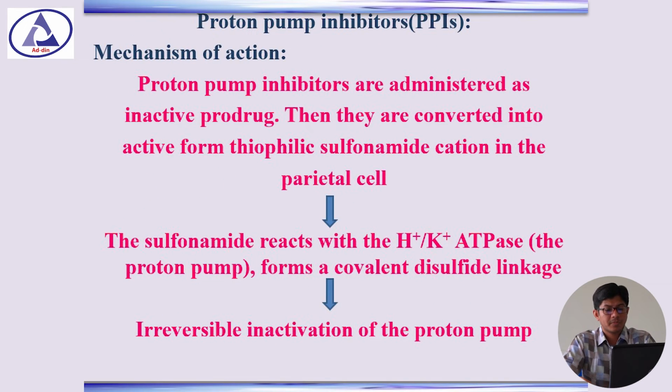Now come to proton pump inhibitors or PPIs. Mechanism of action: proton pump inhibitors are administered as inactive products, then they are converted into the active form, thiophilic sulfonamide cation, in the parietal cell. The sulfonamide reacts with hydrogen potassium ATPase. The proton pump forms a covalent disulfide linkage, causing irreversible inactivation of the proton pump.